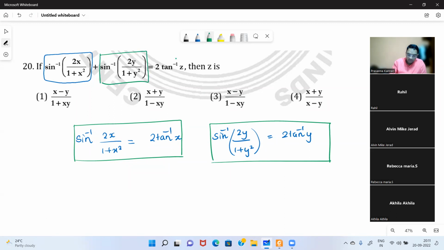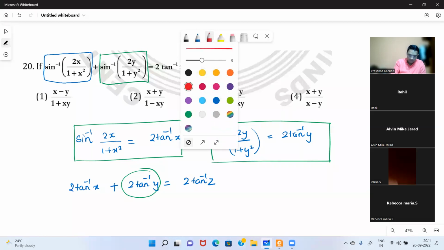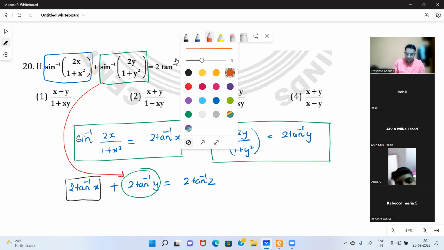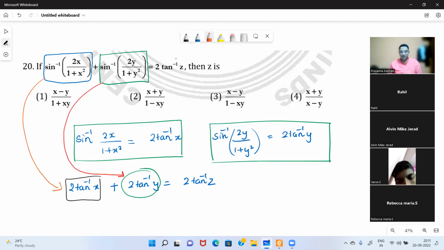Yes, sir. So the question becomes 2 tan inverse of x plus 2 tan inverse of y is equal to 2 tan inverse of z. This has become this. Are you clear with this?